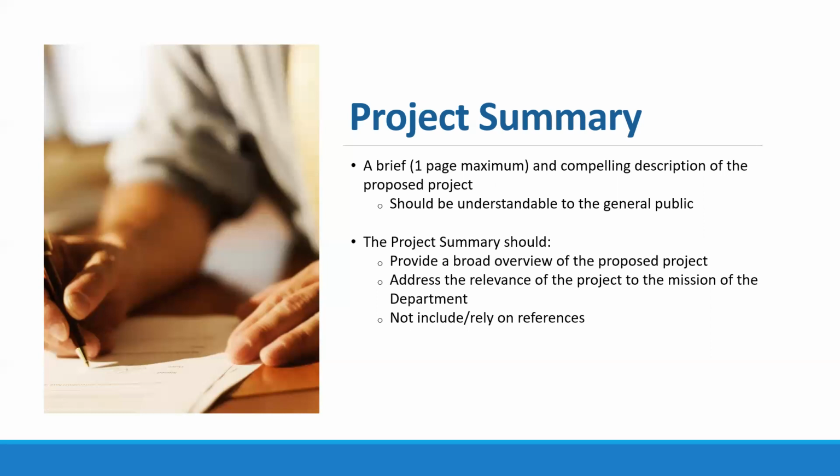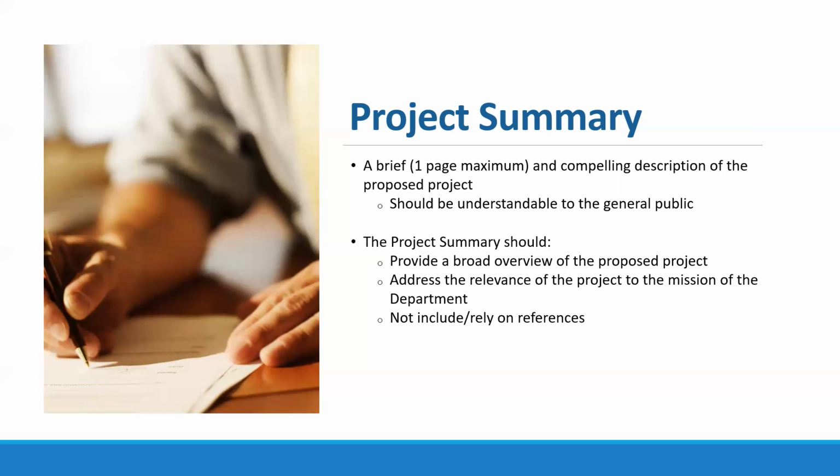So the details contained in the project summary should be a broad overview of the proposed project. It should address the relevance of the project to the mission of the department. And this, along with benefiting Californians, is a key component that's very important for our applicants to consider: how your project relates to the mission of the department.